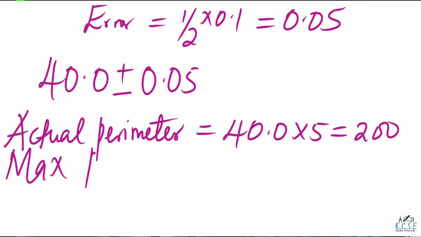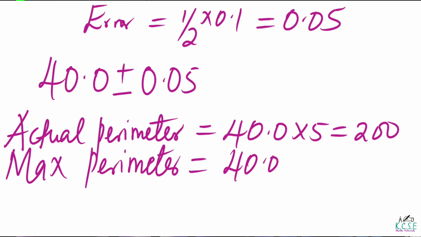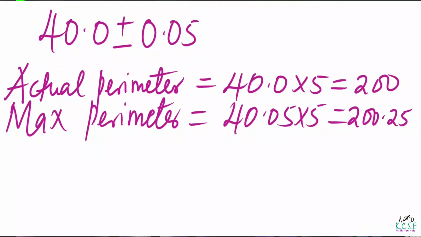Then the maximum perimeter. The maximum perimeter will be obtained by taking 40.0, then we add 0.05. So this will be 40.05 multiplied by 5, and this will give 200.25. Then we go to the minimum perimeter.